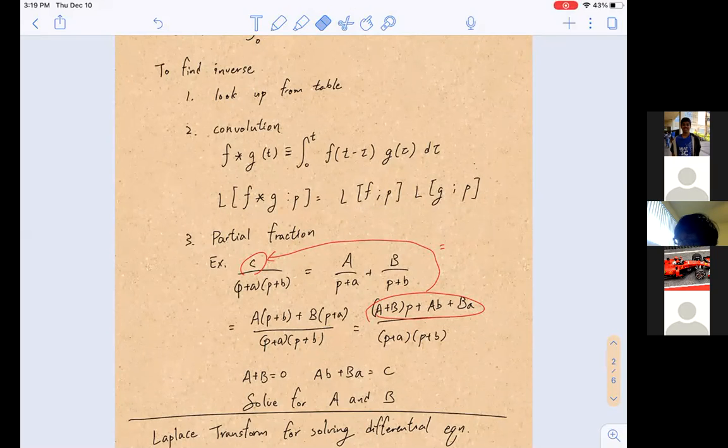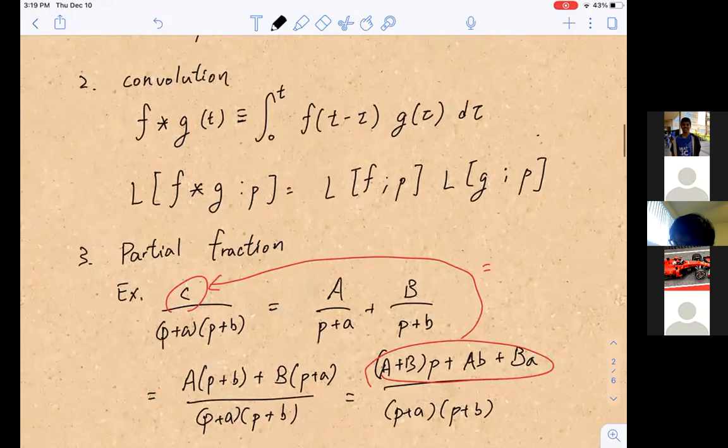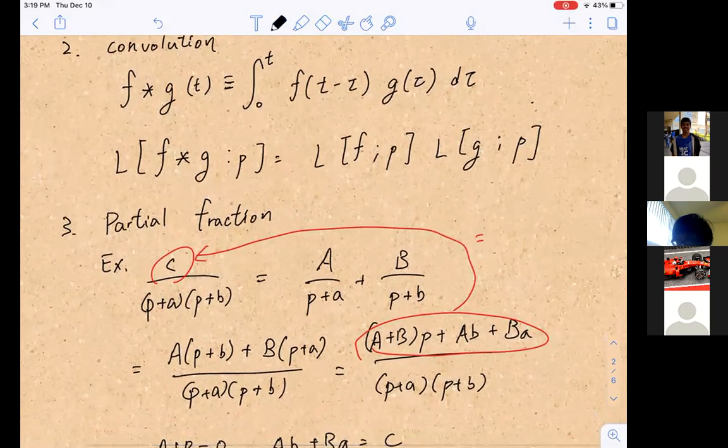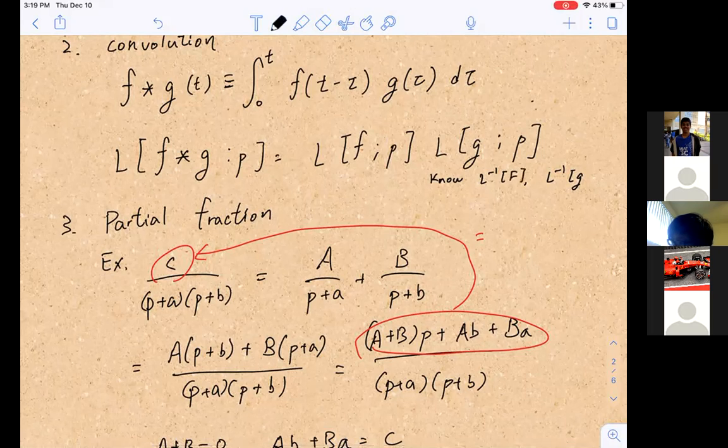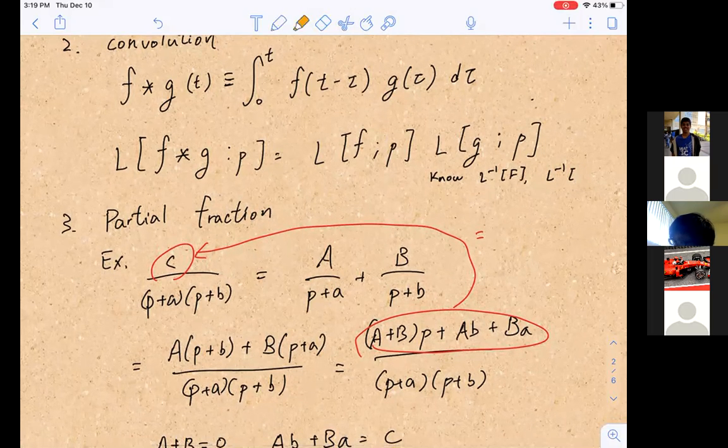So let me write it down more explicitly. You know the inverse of little f, and you know the inverse of, well, not f, big F. You know the inverse of big F, you know the inverse of big G. So what is the inverse of F times G?